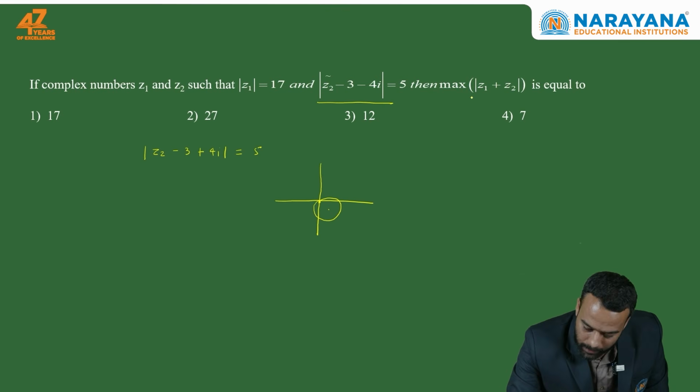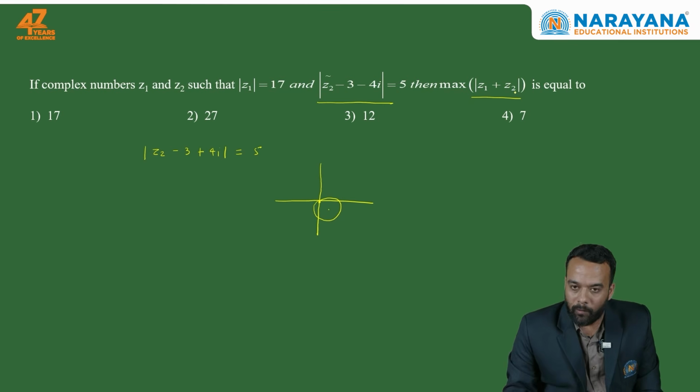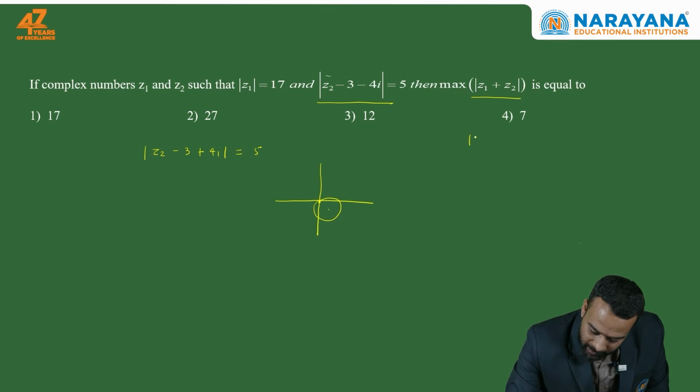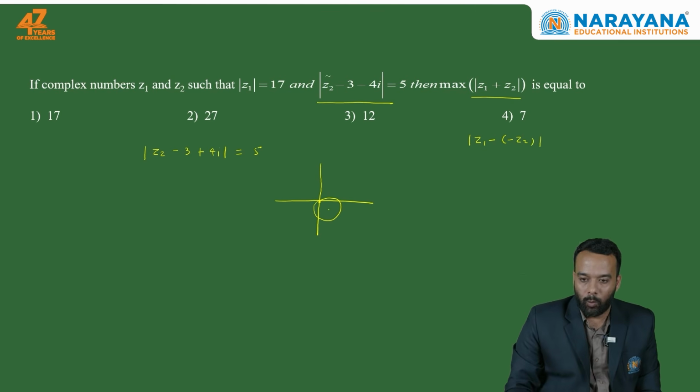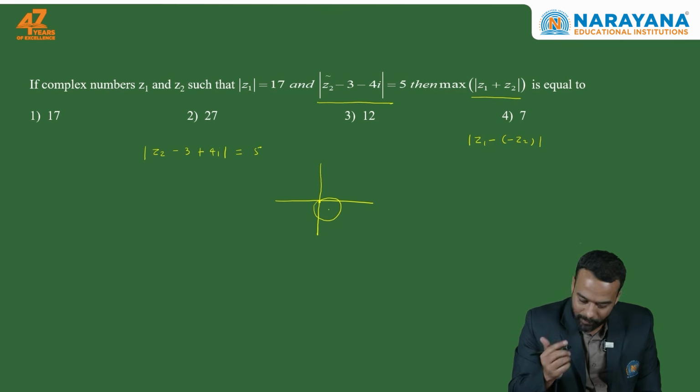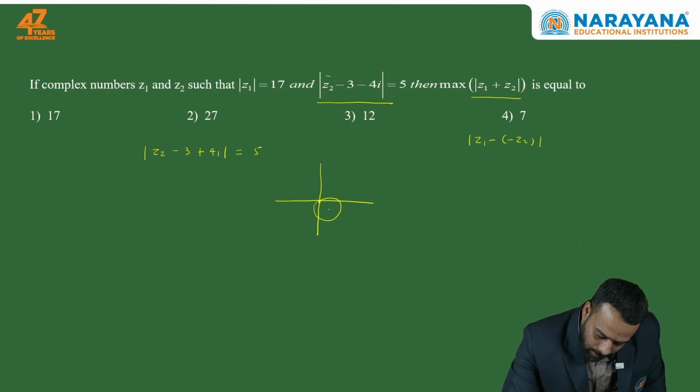Now they are asking us the maximum value of mod of z1 plus z2, which can be paraphrased as mod of z1 minus of minus z2. So now in the diagram we can see the locus is of z2. Now we have to draw the locus of minus z2. So I will just take the image about the origin. So our diagram will be something like this.